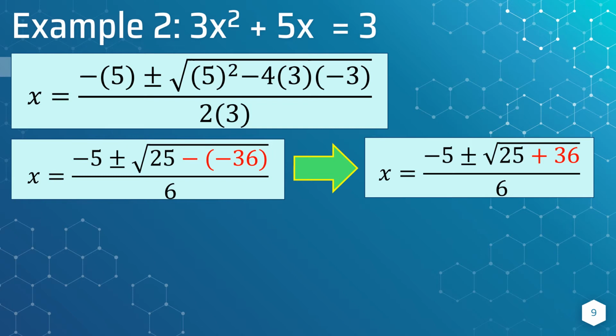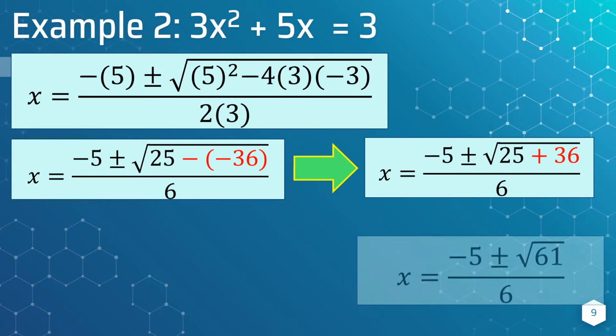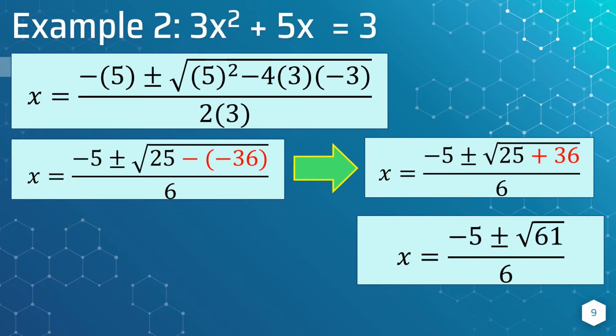So, it means here that we have x equals -5 plus minus square root of 25 plus 36 all over 6. Simplify further. So, we have here x equals -5 plus minus square root of 61 all over 6.